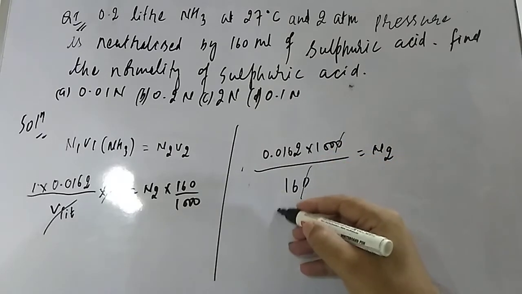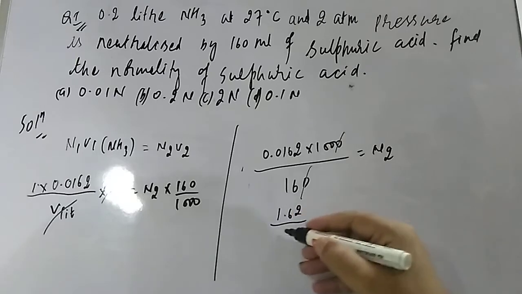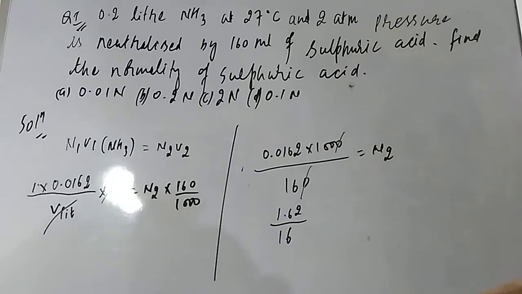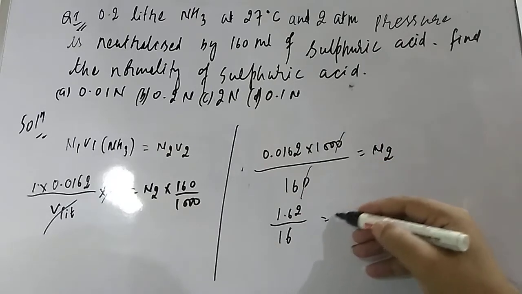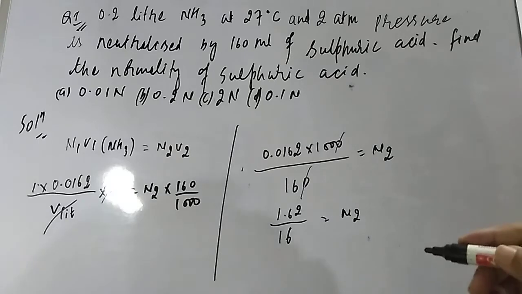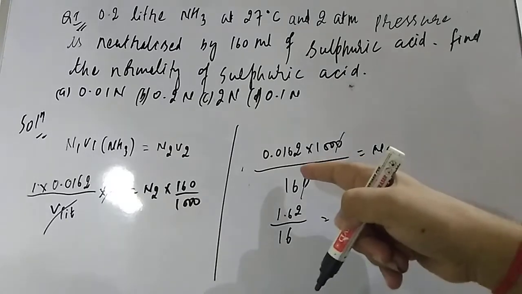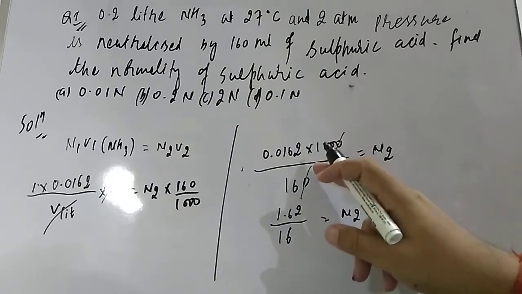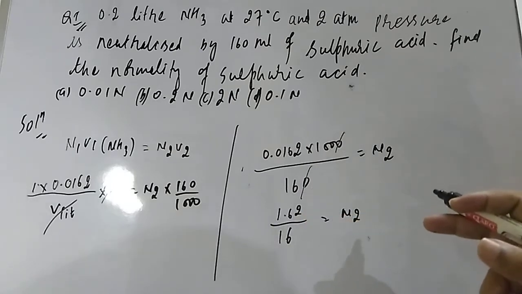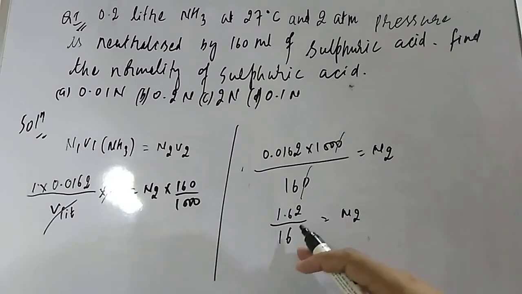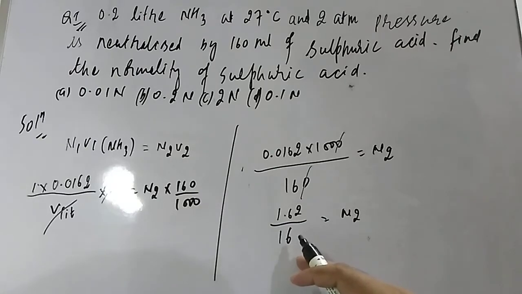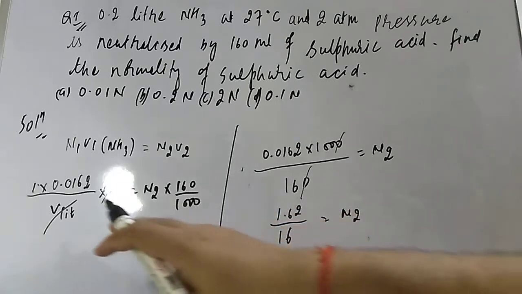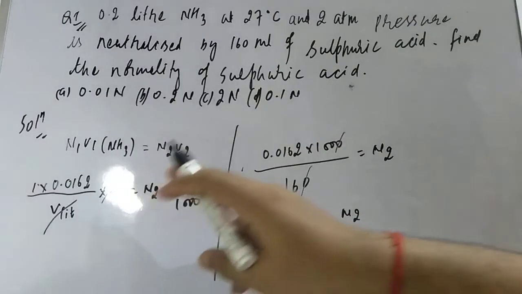So 1.62 upon 16 is coming. Leave it, don't cut the decimal point. So 0.016, this is normality, volume in liter.